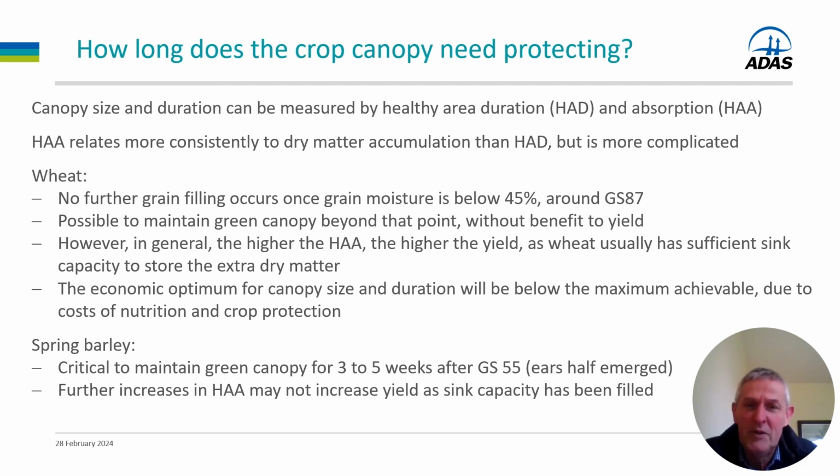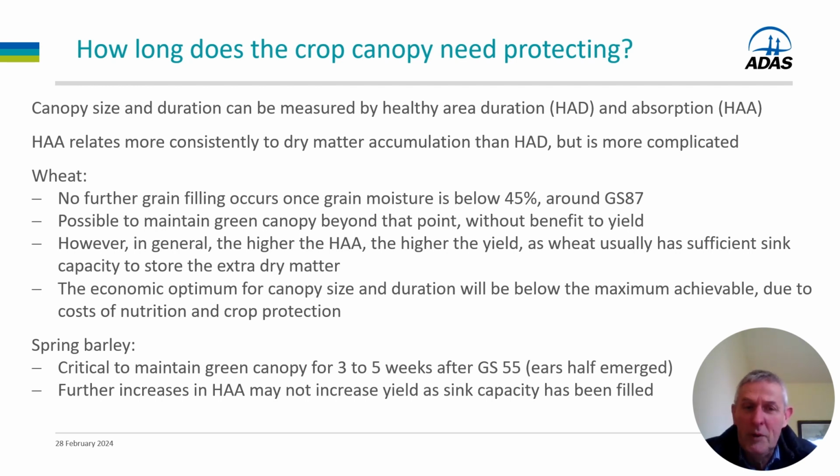So we sometimes see crops with green stems to some extent really quite close through to harvest. However, in general, the higher the healthy area absorption, the higher the yield, because wheat usually has sufficient sink capacity to store the extra dry matter that's produced. And we're really only limited in the duration of canopy that we're trying to achieve by the economics of the costs of control.